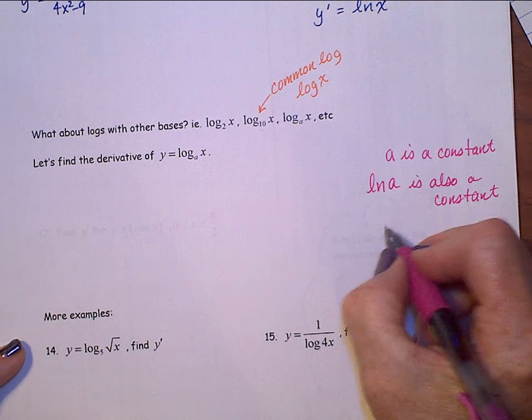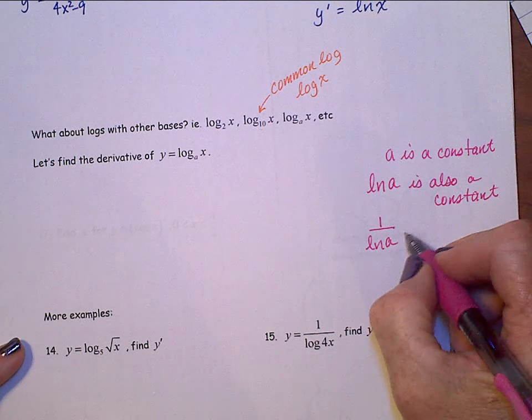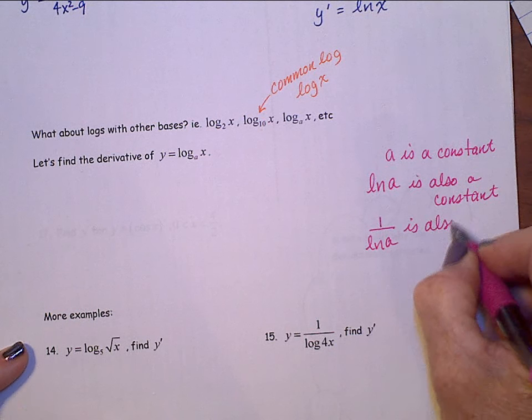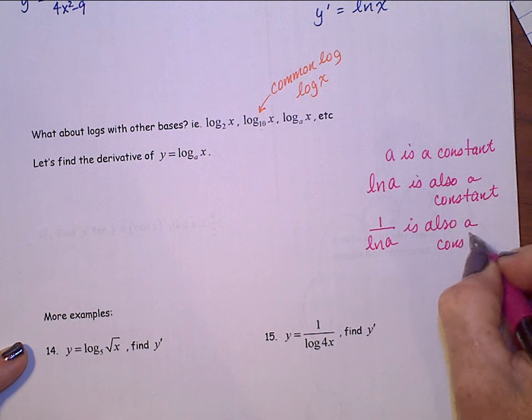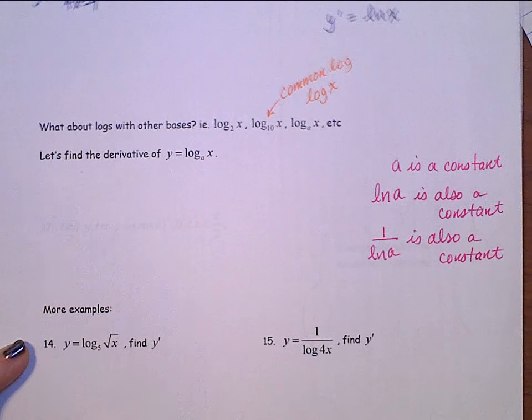As is 1 over the natural log of a, also a constant. That information will become important here in the next couple of minutes as we start working through this derivative.